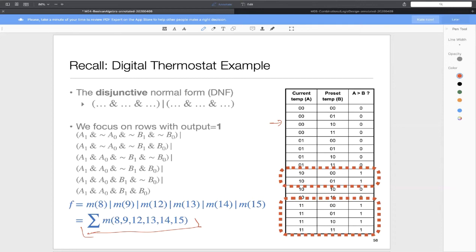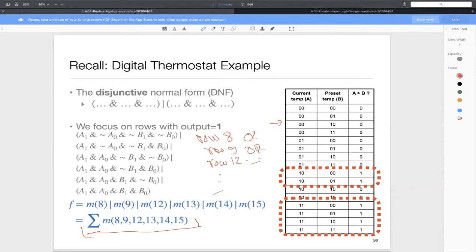Wait, what do you mean? I mean, if you intuitively look at a truth table, when is the function 1? The function is 1 when the inputs correspond to row number 8 or 9 or 12 or 13 or 14 or 15. Only those rows. So literally, I'm saying row 8 or row 9 or row 12 and so on and so forth, right?